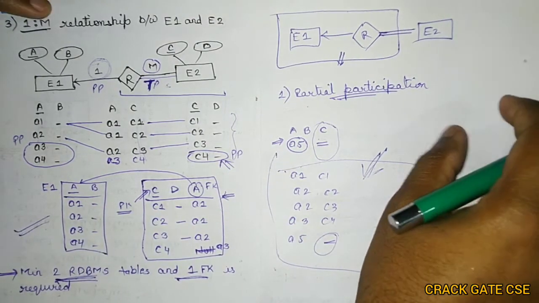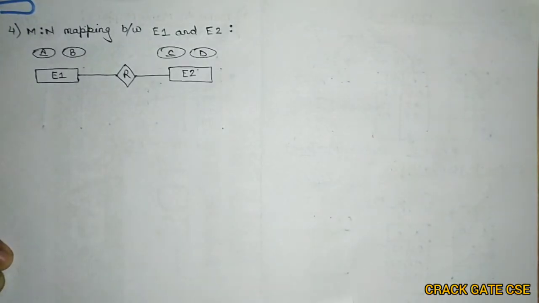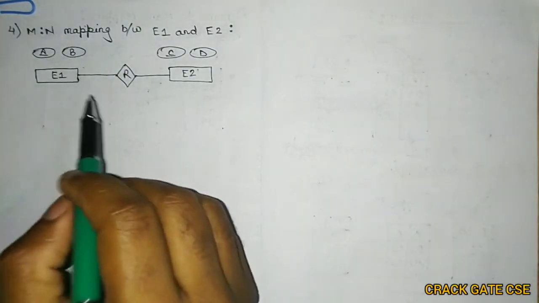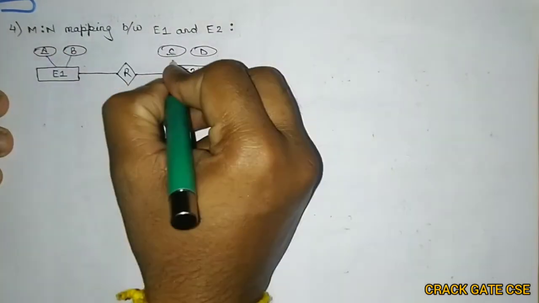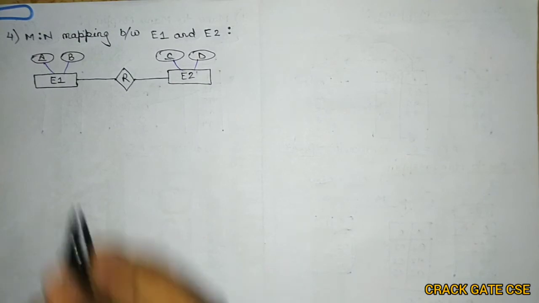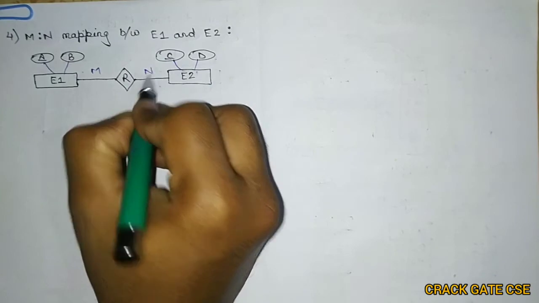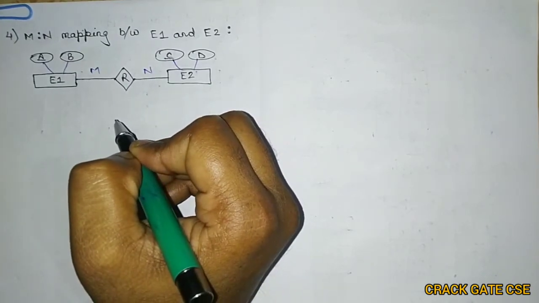Now there is one more mapping left, which is nothing but many to many. So if I am having many to many relationship with this particular diagram, now what will it show? See here, there is no arrow, that means it is many. There is no arrow, that means it is many also.